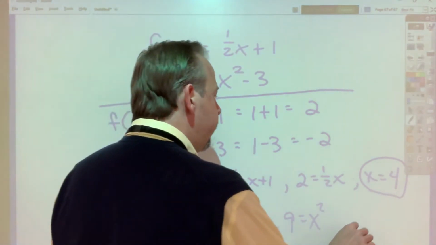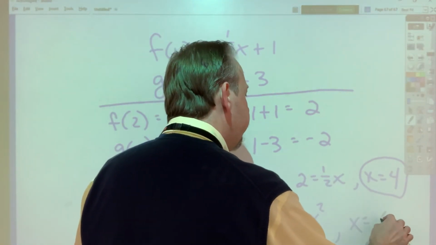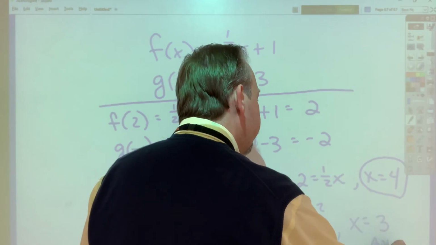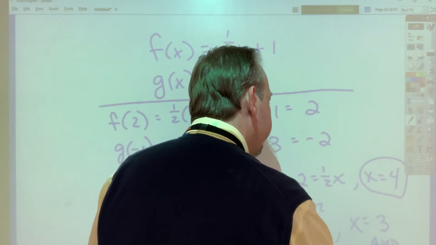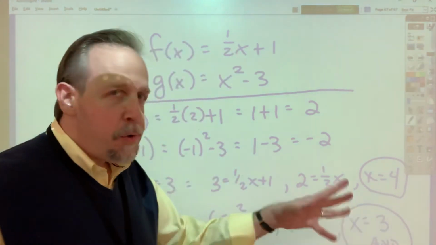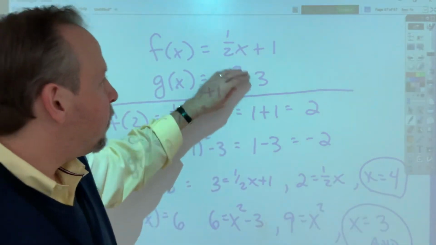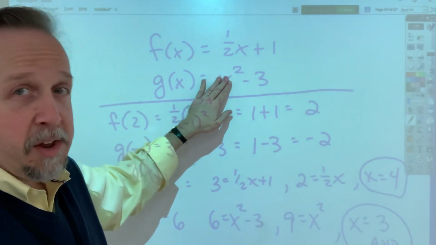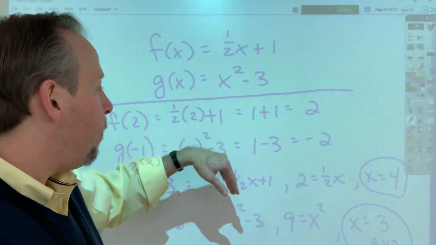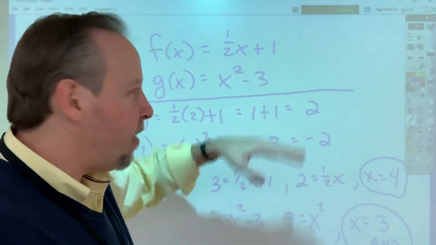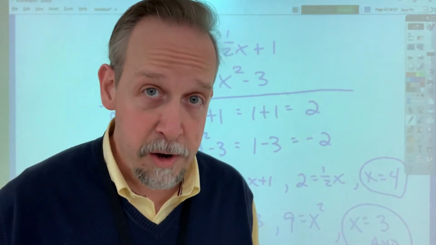Because the square root of 9 is 3, but it's also negative 3. There are 2 inputs that will make an output of 6. Because 3 squared is 9, and 9 minus 3 is 6, no problem. But negative 3 squared is also 9, and 9 minus 3 is still 6. So there's 2 solutions there.